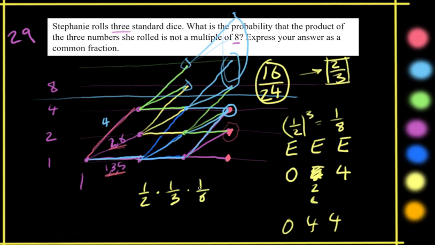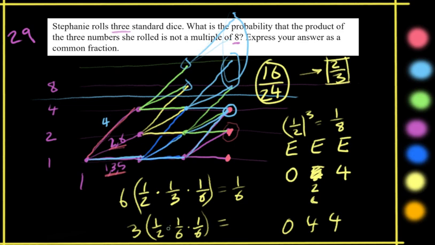So that gives us 6 times that because there are 6 different orders. So that will altogether give us 1/6. And then this odd, 4, 4, that's going to be a probability of 1/2 times 1/6 times 1/6. And then we have to multiply that by 3 because there's 3 different orders there.